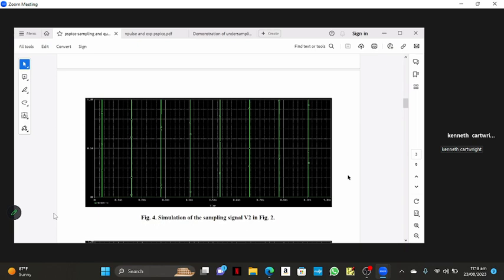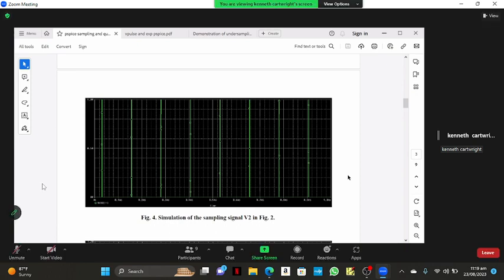I'm showing you the sampling signal, figure 2. It's 1 for 1 microsecond and 0 for 124 microseconds, because the period is 125 microseconds. Any questions about how the sampling signal is generated?